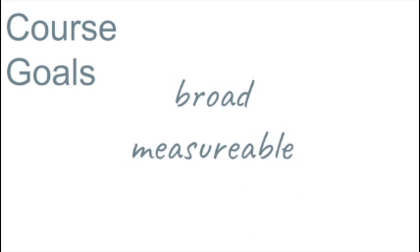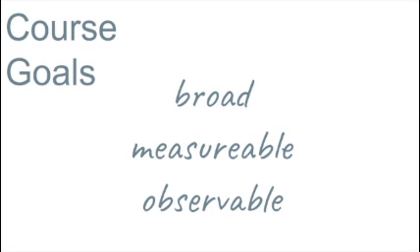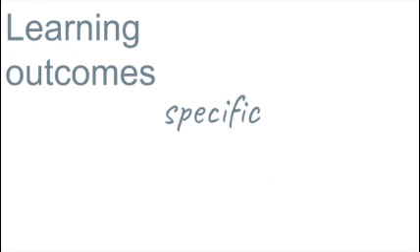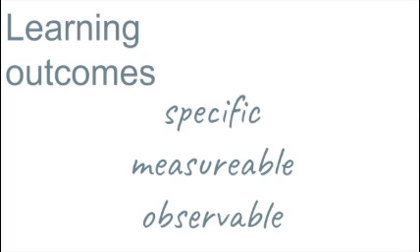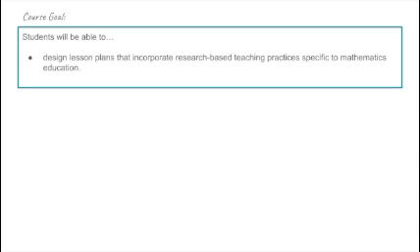Remember that course goals are broad, measurable, and observable. Learning outcomes should also be measurable and observable. However, they should be specific. For example, my broad goal of teaching students to design effective lesson plans depends on a lot of smaller goals.